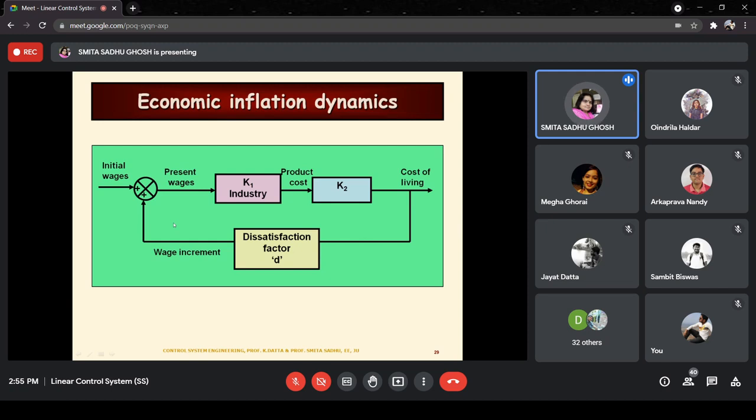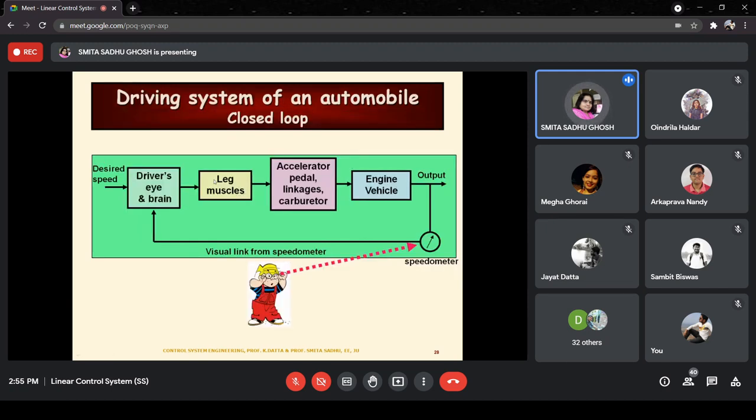If it were a negative feedback system, like say for example the automobile example that I showed you, here of course the signs have not been shown, that block is not shown explicitly. Block meaning the summer I have not shown with the signs plus and minus, but you can understand that here a corrective action is what is taking place.